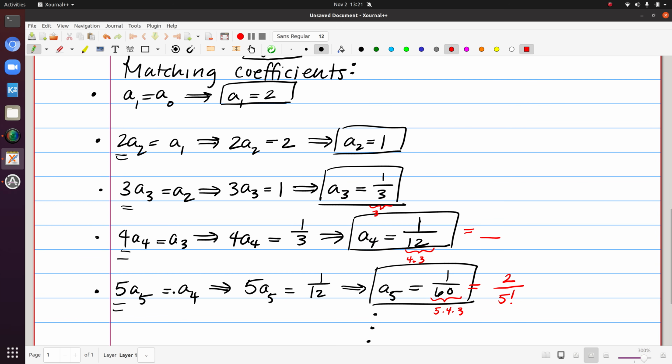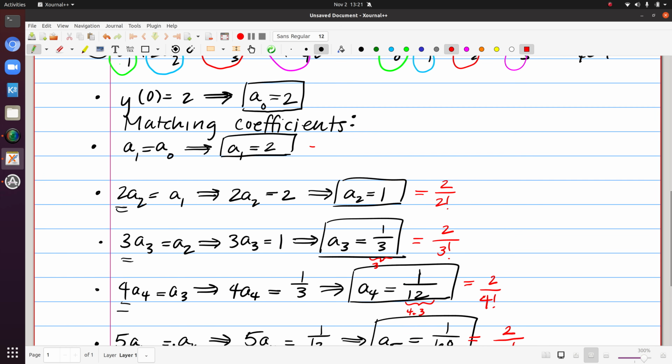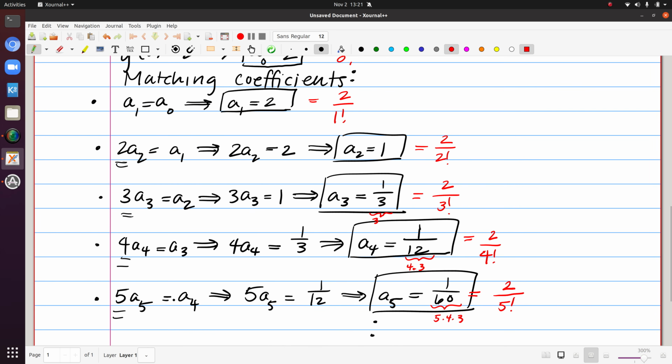And likewise, I could write this one as 4 factorial and put a 2 in the top. And this pattern extends. This is 2 over 2 factorial, 2 over 1 factorial, and remember that 0 factorial is defined to be 1, so that pattern extends backward.